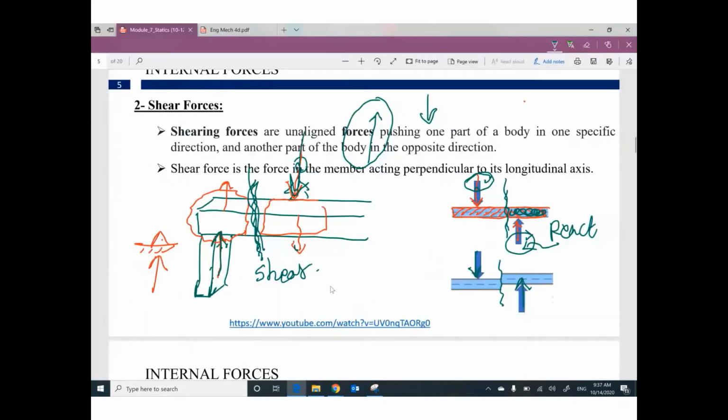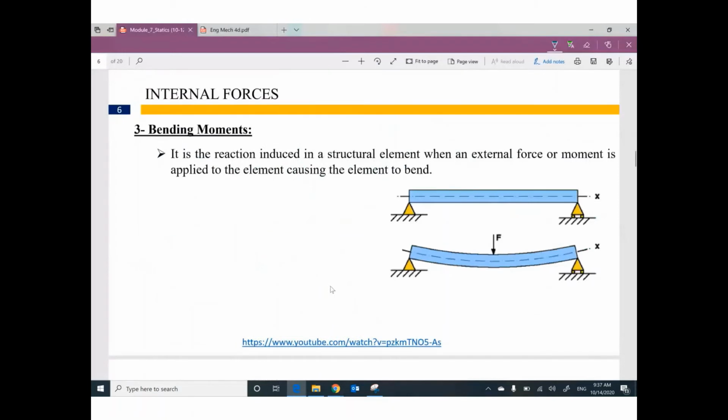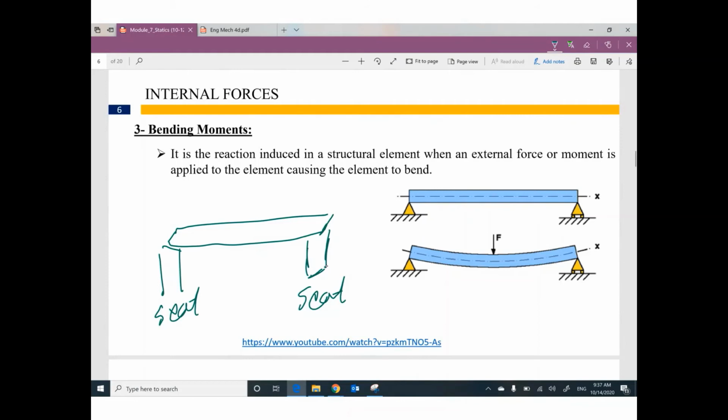Okay, the third one is called bending moment. I would like to ask you to do this experiment at home. If you have a piece of wood, put it on two chairs, two seats, and go ahead and stand on this piece of wood.